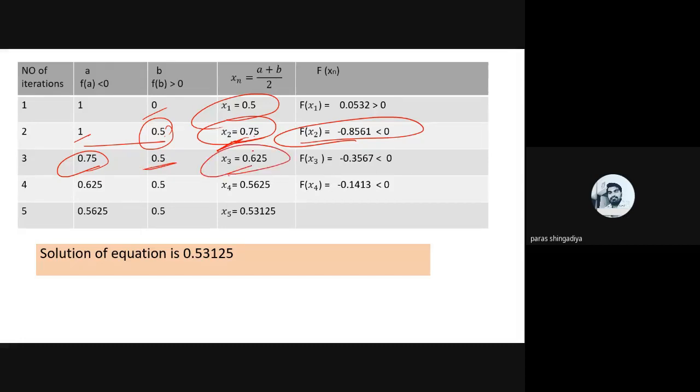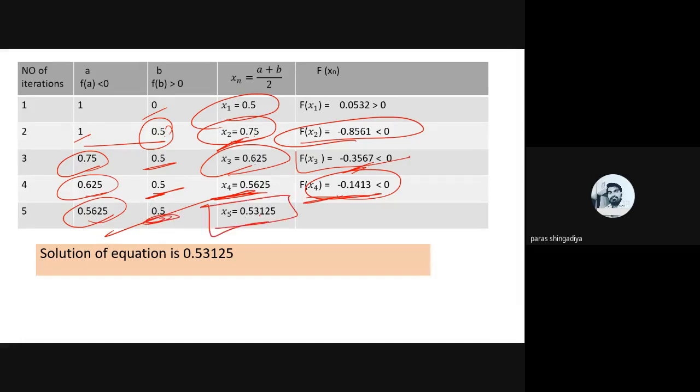This is x3, use the average, and f of x3 is negative, so 0.625 will be replaced here, 0.5 as it is. Again take the average, x4, and check f of x4, which is still negative, so replace with x4 in the fifth iteration, 0.5625, and 0.5 as it is, and use the average, that is the required solution. Up to the 5th iteration, means 1, 2, 3, 4, 5.